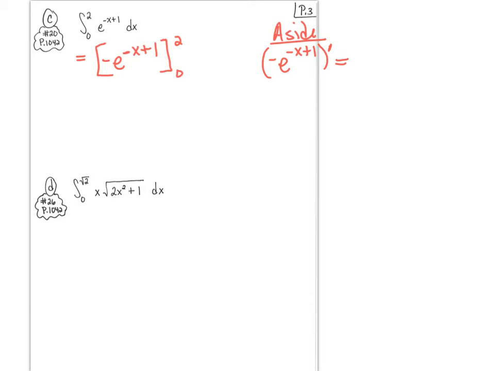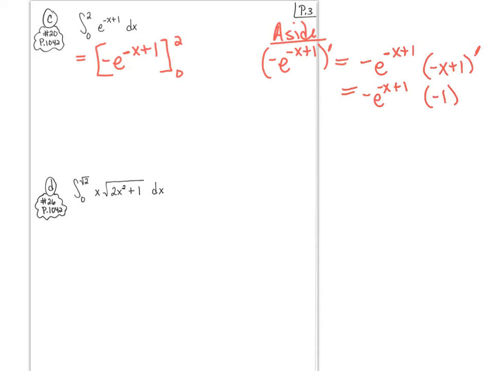So here we have the derivative is negative e to the negative x plus 1 times the derivative of negative x plus 1. Remember, because you have to use the chain rule. So that's equal to negative e to the negative x plus 1 times negative 1.